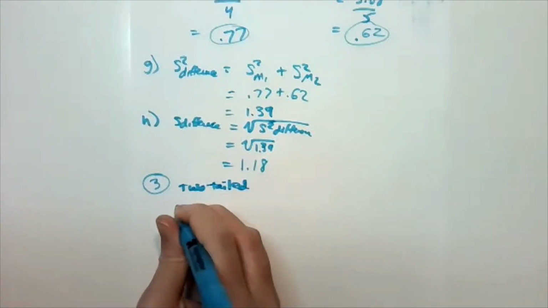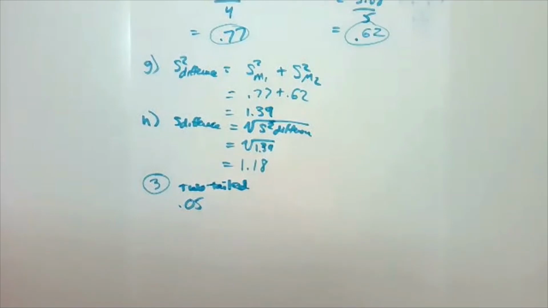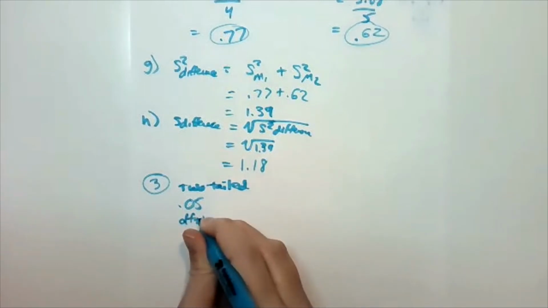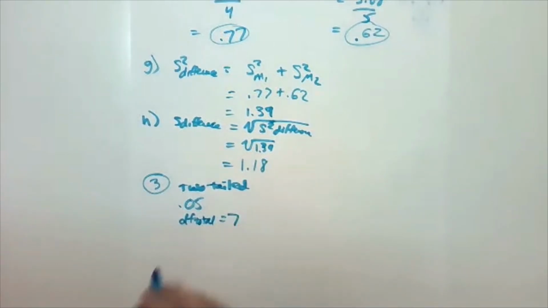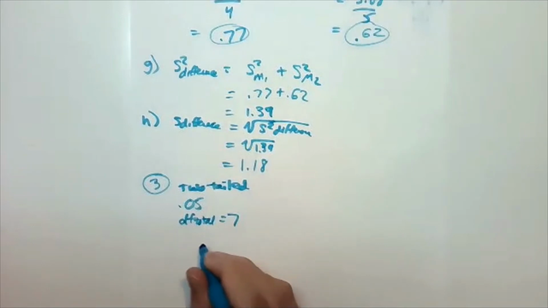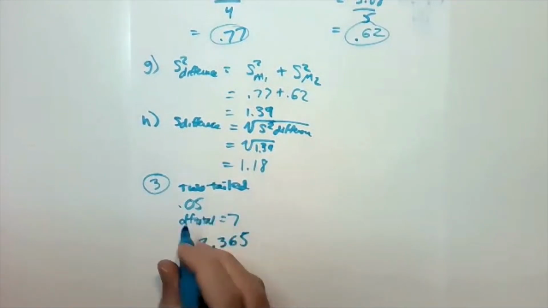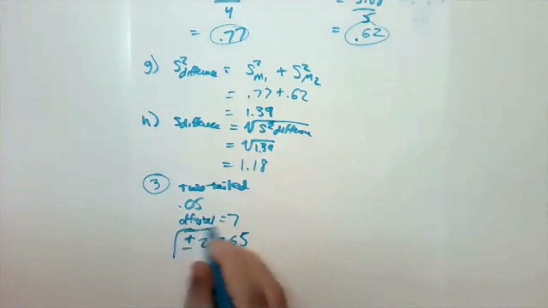And here we're going to be using that 0.05 significance level. And here we need to use, in order to look up our cutoff score in our t-table, our total degrees of freedom, which we calculated as being 7. And from there, we're going to find that our cutoff score is going to be 2.365. And because it's two-tailed, that's going to be plus and minus.